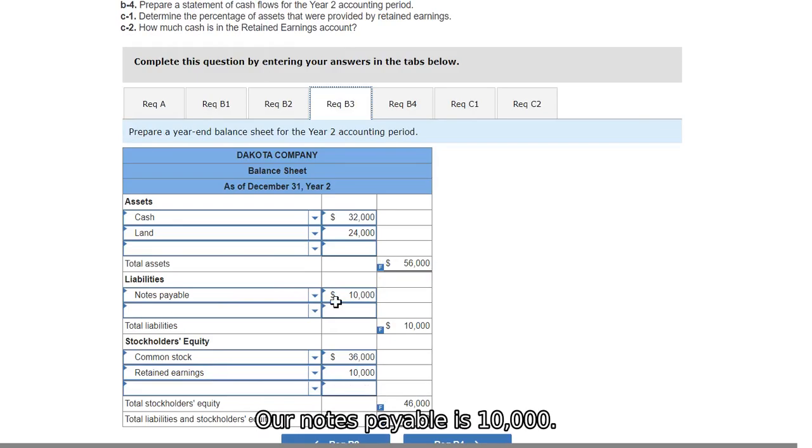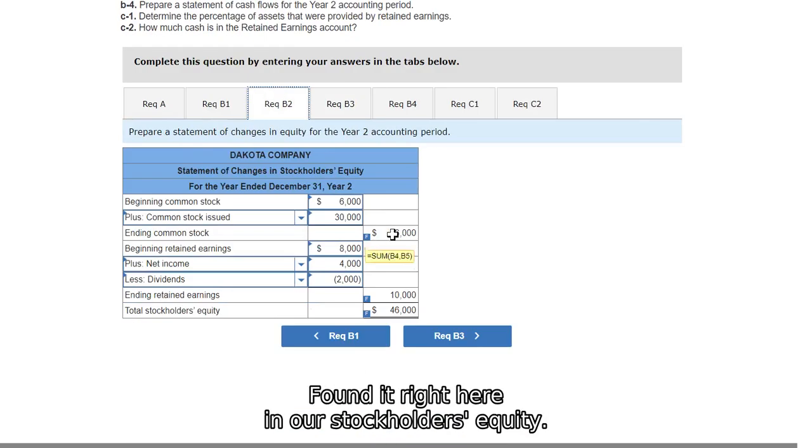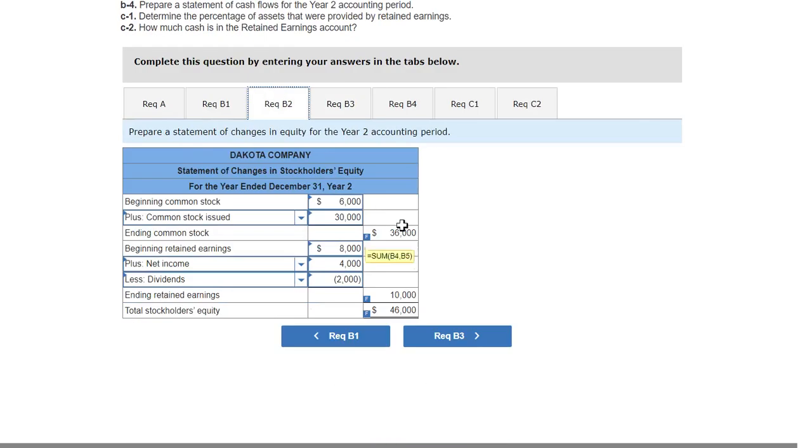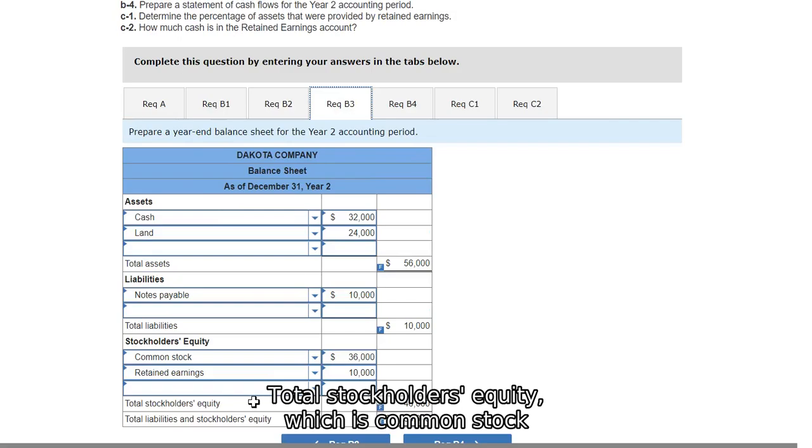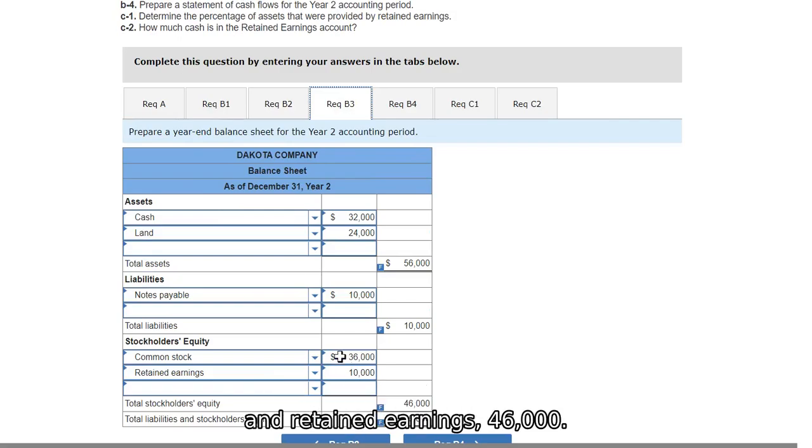Our notes payable is 10,000, so our liabilities is 10,000. Common stock is 36,000. Where do we find that? Found it right here in our stockholders' equity. Retained earnings 10,000, same place. Total stockholders' equity, which is common stock and retained earnings, 46,000. Add those 2 together, get 56, 56. We balance. Oh, happy day.